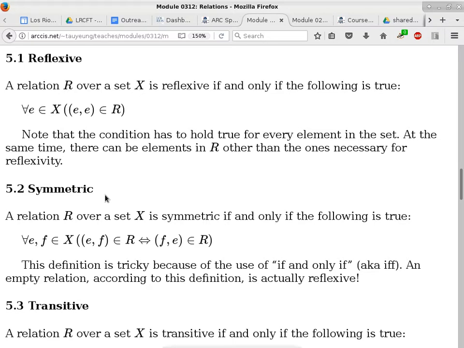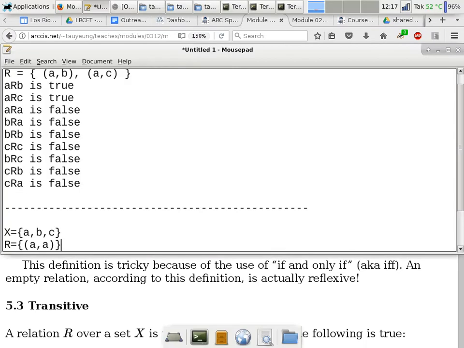Unfortunately, because the quantifier is "for all," if you pick any element out of X, that element has to relate to itself. In the example we had, what about B and C? Those are all elements of X, but they do not relate to themselves. So in this case, this is not reflexive.